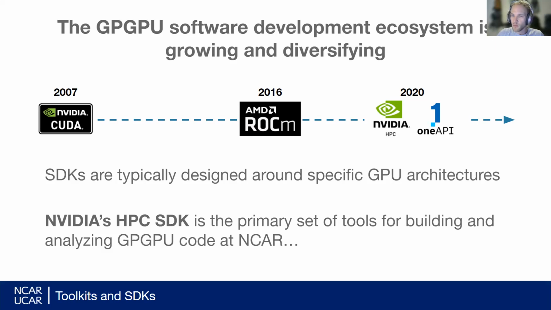And that's going to be part of their plans to support their GPGPU hardware that's coming out. So you probably get the idea here that SDKs are typically designed around specific GPU architectures. And since we run NVIDIA GPUs currently at NCAR, NVIDIA's HPC SDK is the primary set of tools for building and analyzing GPGPU code at NCAR.